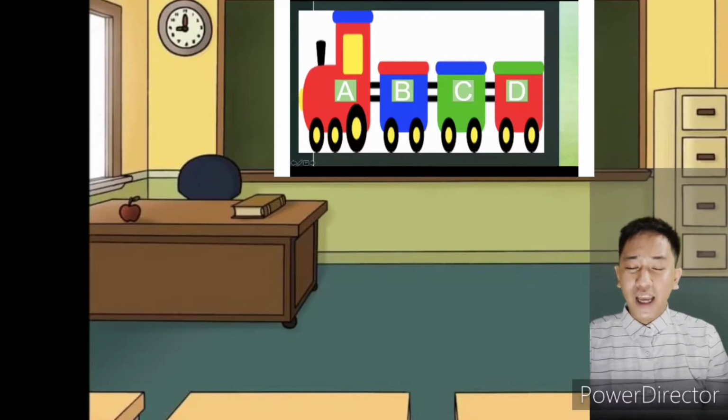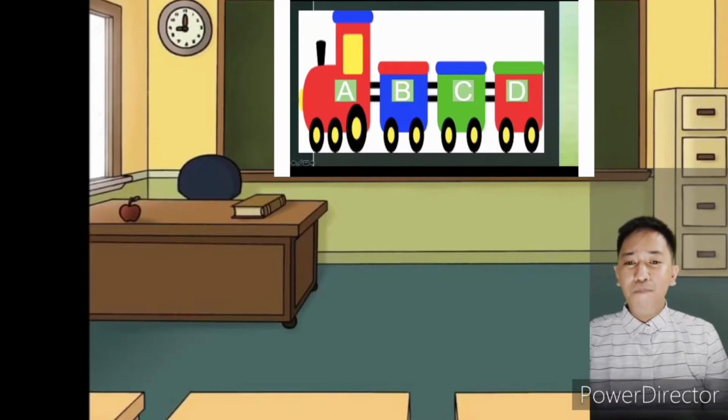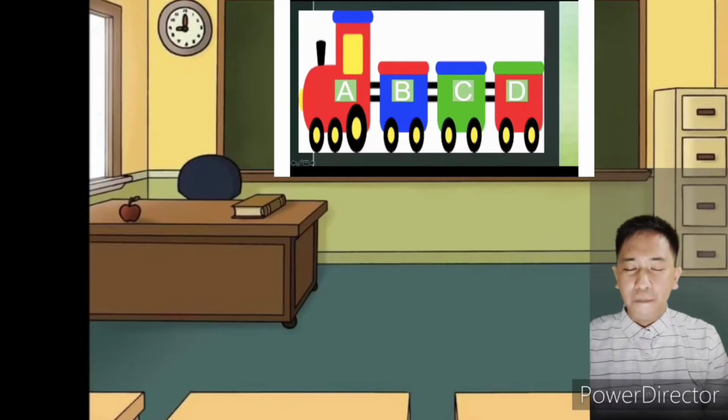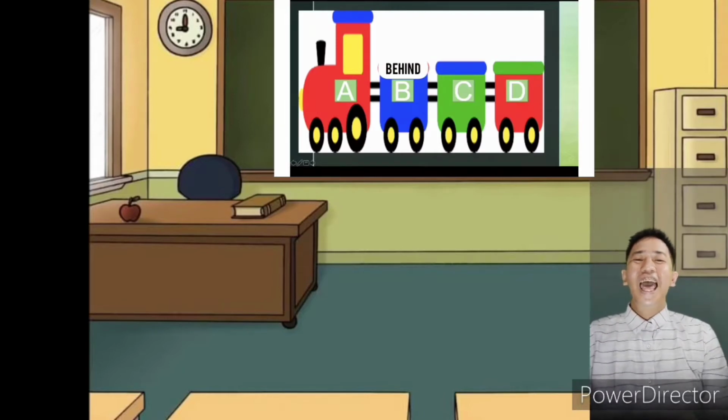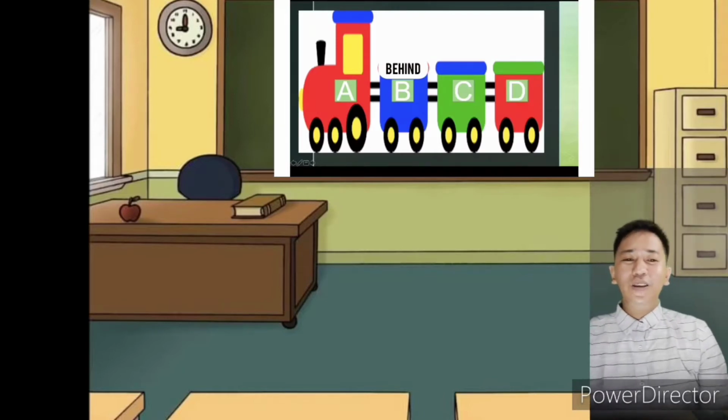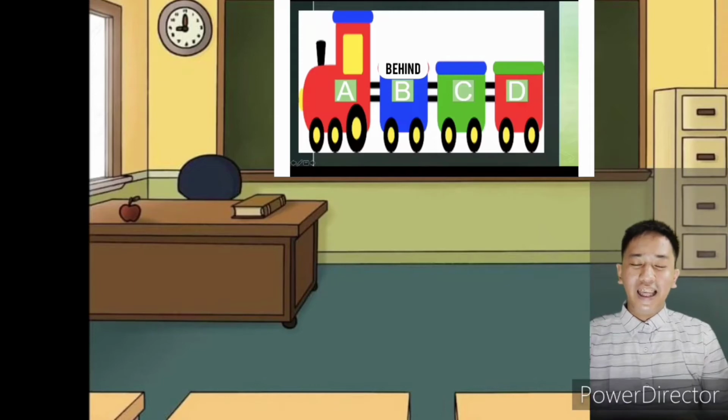So, Prince, would you choose a letter from A, B, C, and D? Okay, so Prince chose letter B. Let's see what's inside letter B. Alright, so what did you see inside letter B, Athena?